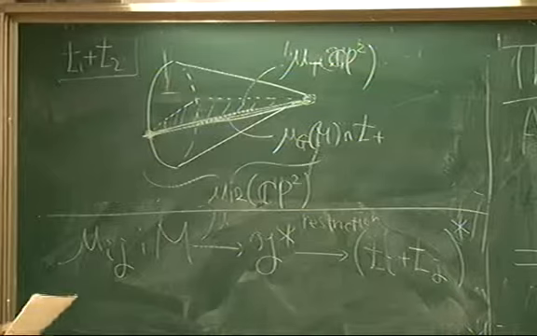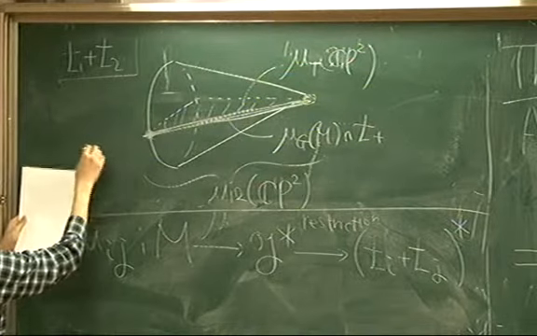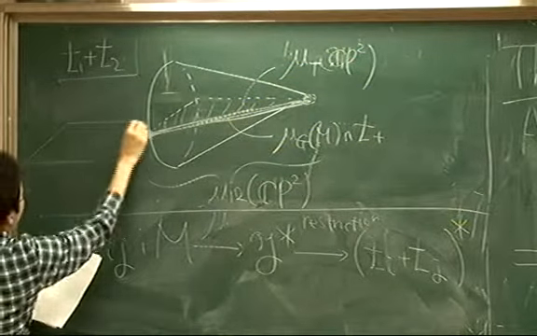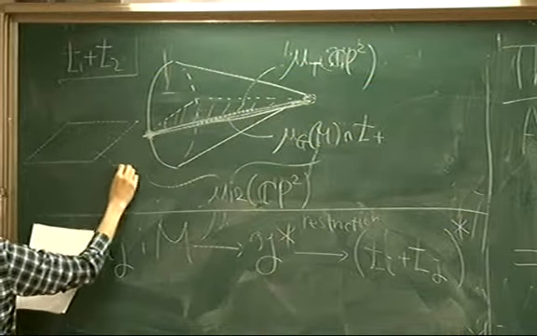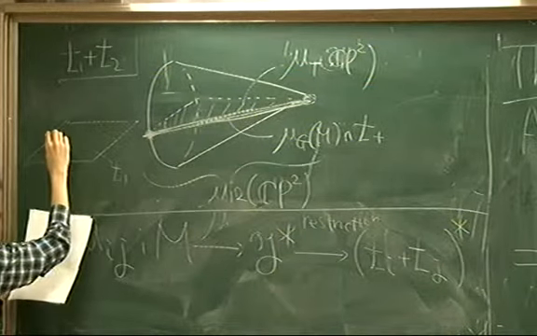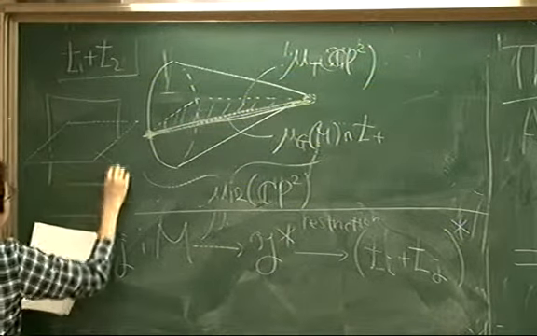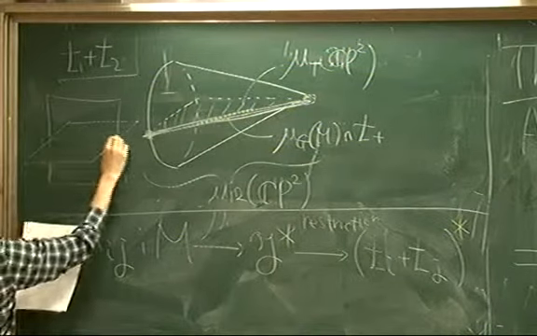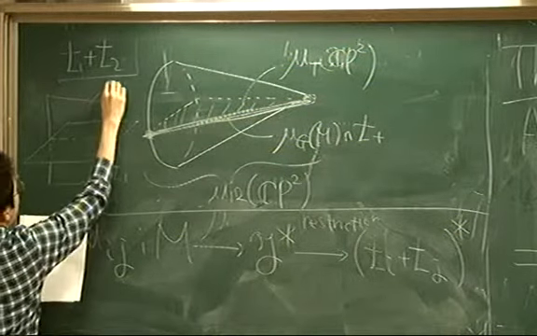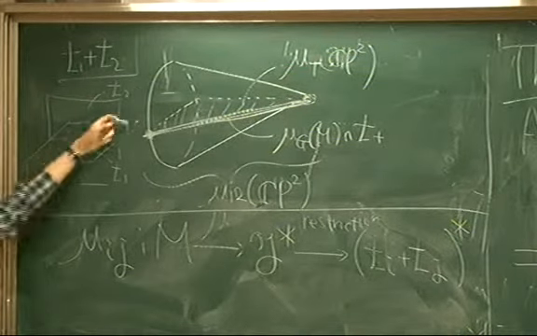I don't have much time. But in this picture, the plane which looks like the XY plane is T1, this plane which looks like the YZ plane is T2, and the intersection direction goes this way.